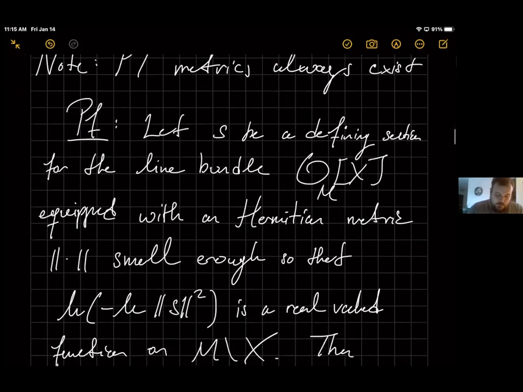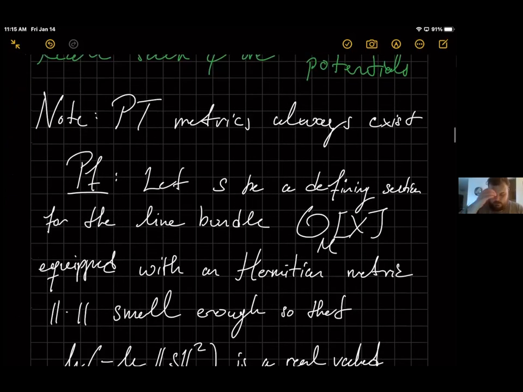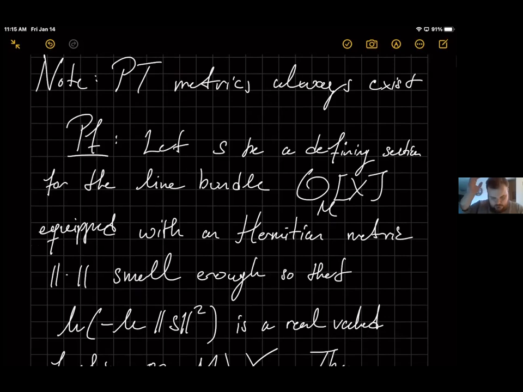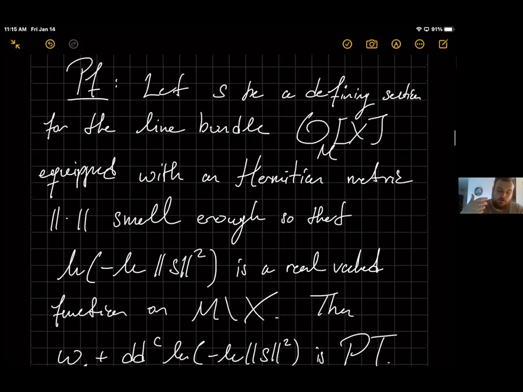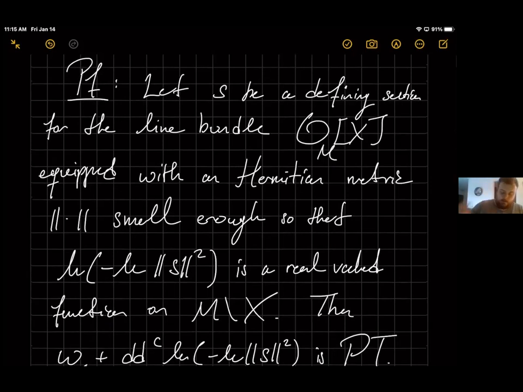So these Poincaré-Type metrics always exist given the appropriate setting, because there's an analog of the distance from a hypersurface that's actually a globally defined thing.